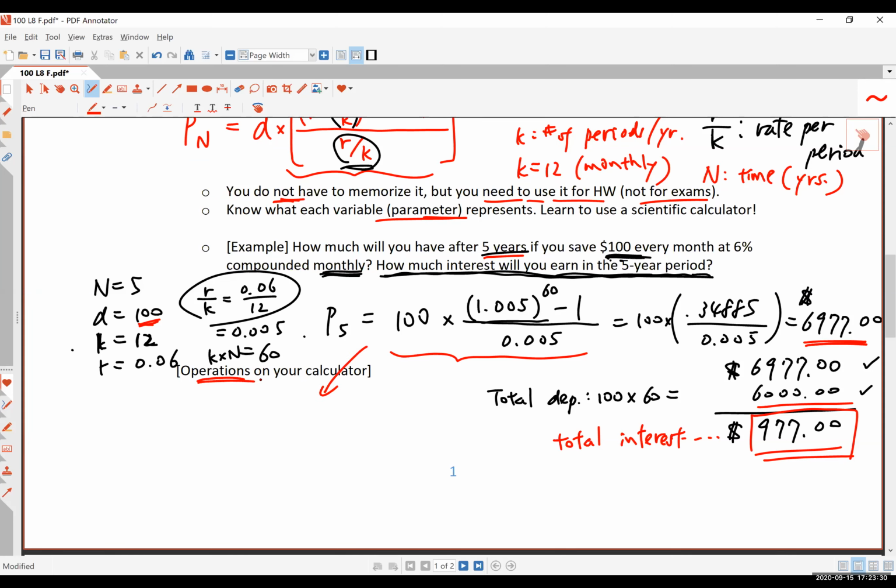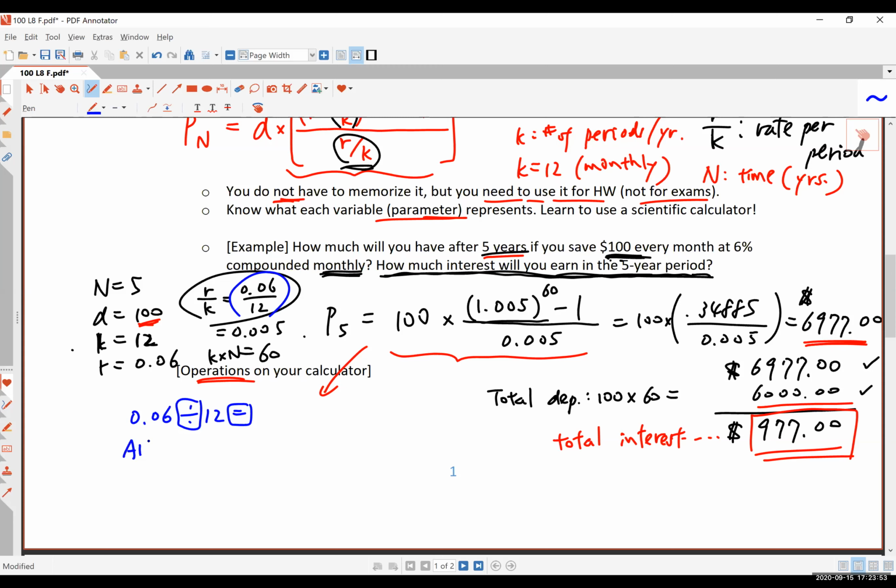How do you do this operation on your calculator? Okay, here's how it works. Let me use a different color for this. Remember, the most complicated part should be done first. So if I were doing this on my calculator, I would start by doing 0.06 divided by 12 is equal to, okay? These are the operation keys, right?